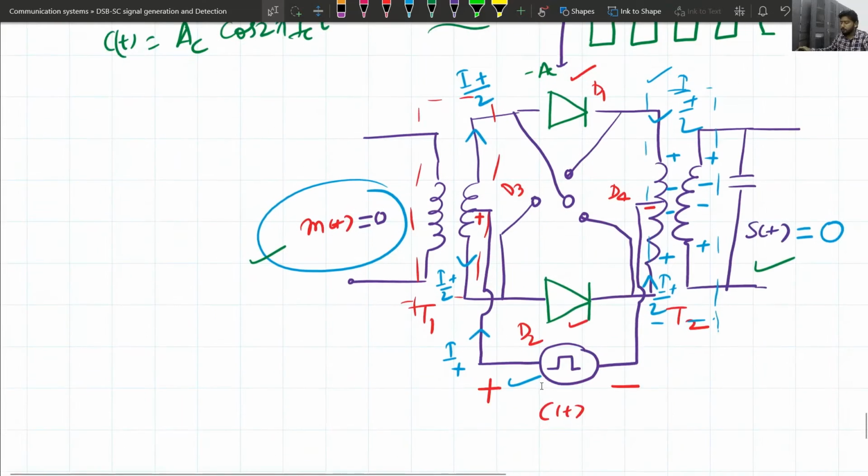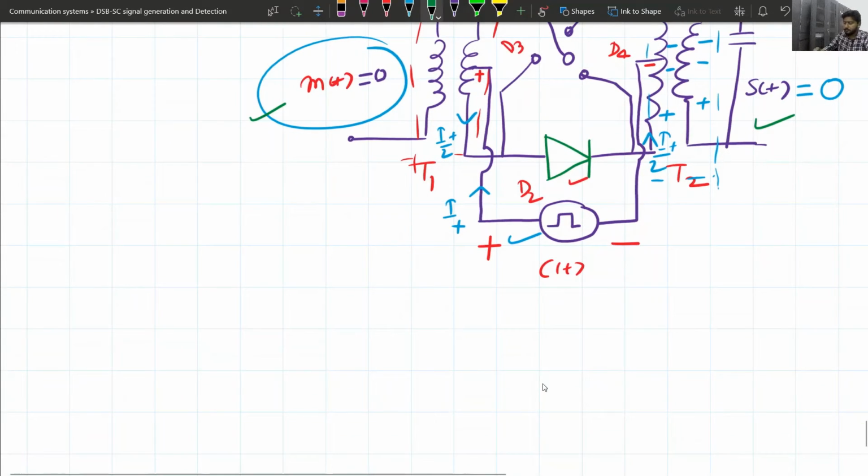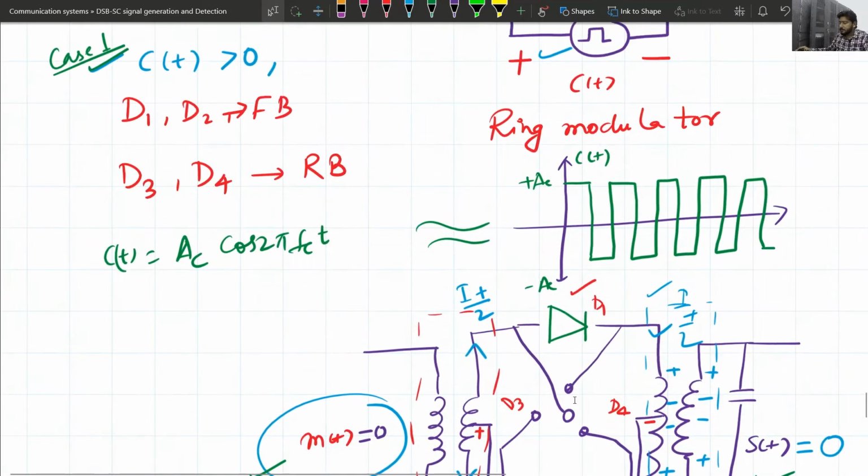Let's move on to case 2. We took the case for c(t) greater than 0, now for c(t) less than 0.